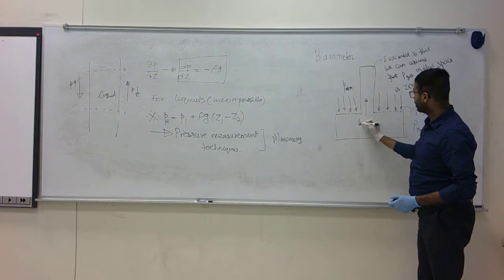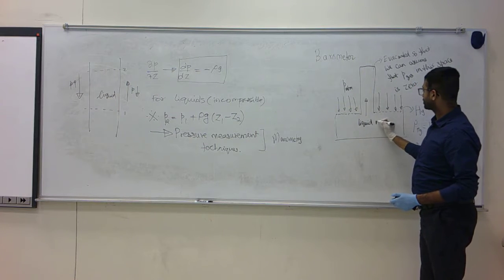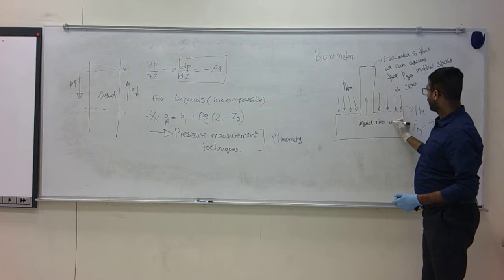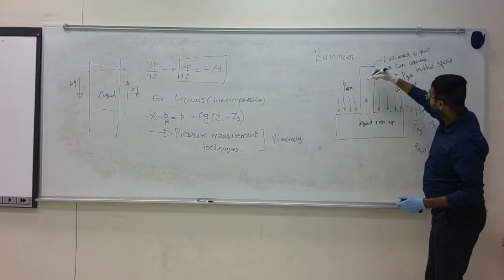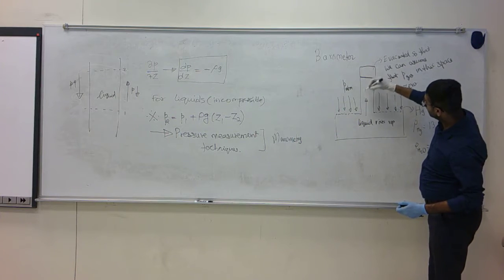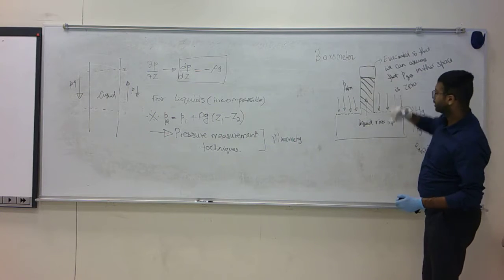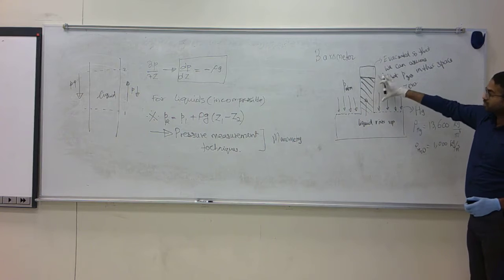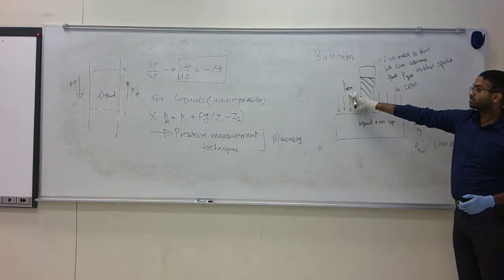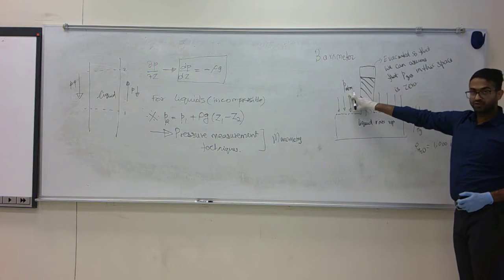The liquid rises up, and it keeps rising until the pressure exerted by this column of liquid balances the driving force, which is atmospheric pressure.